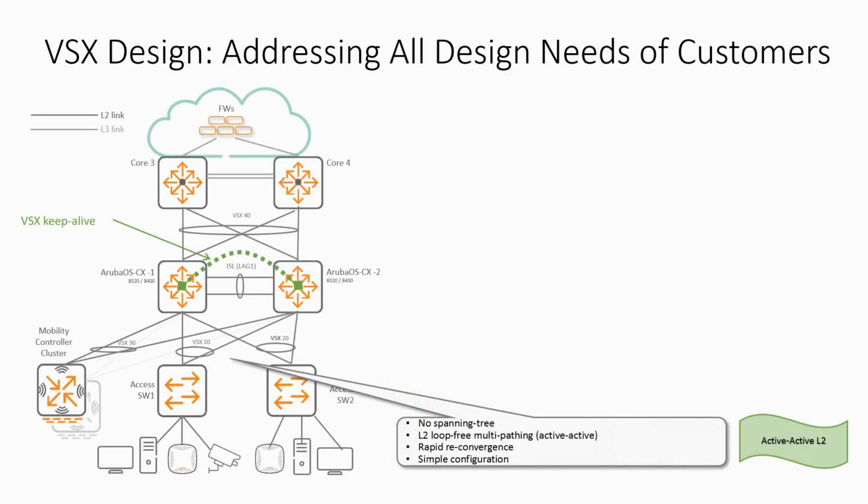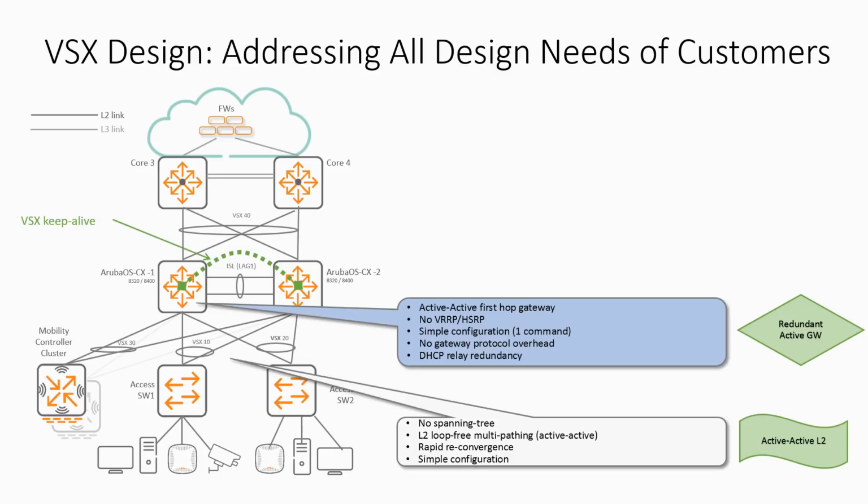So really, to summarize all the advantages, VSX provides a spanning treeless, active loop-free solution that is very easy to configure and maintain. In addition to active layer 2, VSX also provides fully session-based layer 3 load balancing through the deployment of active gateway.